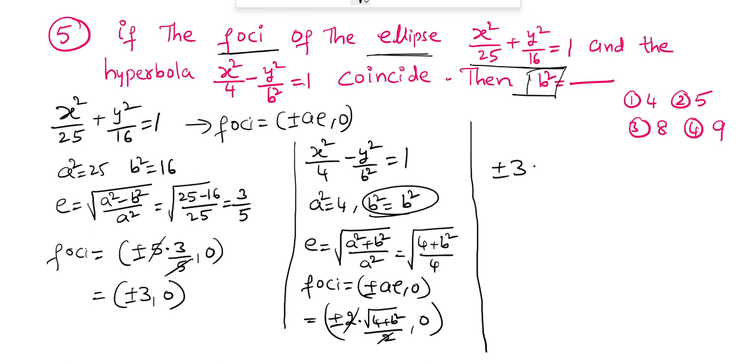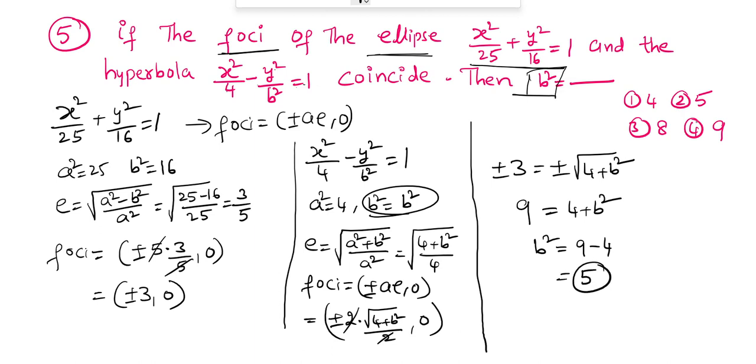Plus or minus 3 is equal to plus or minus root over 4 plus b square. Squaring on both sides, 9 is equal to 4 plus b square. From this b square is 9 minus 4, that is 5. So the second option is the correct answer.